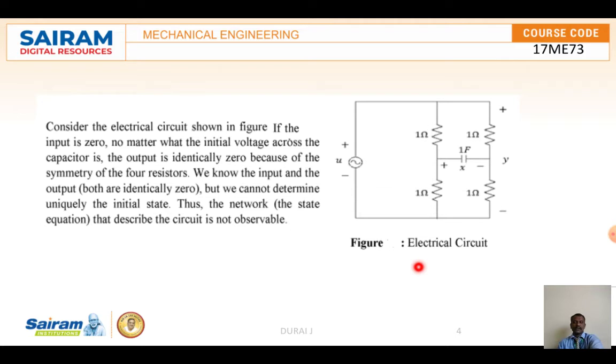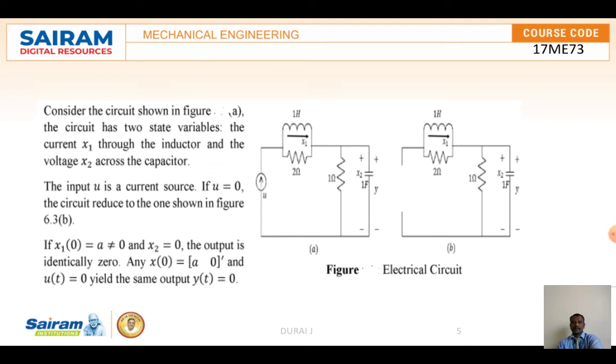The output is identically 0 because of the symmetry of the 4 resistors. We know that input and output are both identically 0, but we cannot determine the initial state. Thus the network that describes the circuit is not observable. The state equation will say the circuit is not observable.